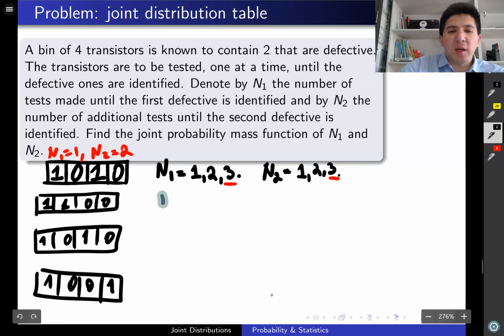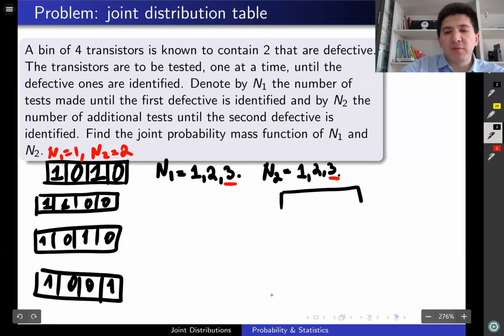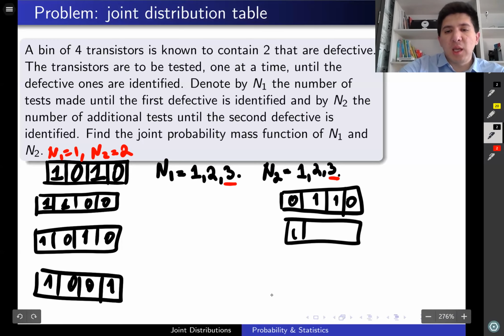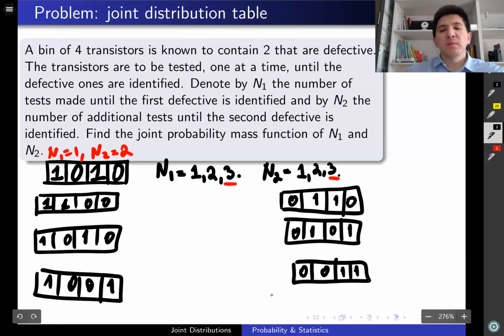Or there are other 3 possible ways of choosing the 2 defective ones: 0, 1, 1, 0, or 0, 1, 0, 1, or 0, 0, 1, 1. There are only 6 cases of the combination of N1 and N2 which are going to give you non-zero probabilities.